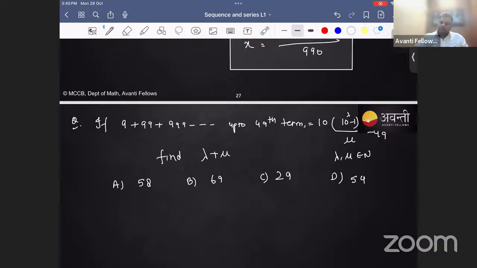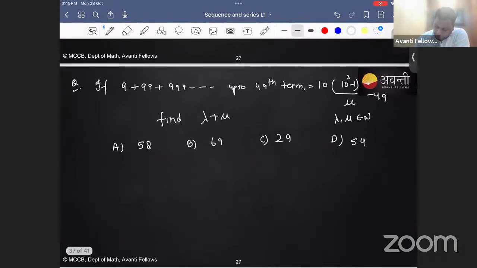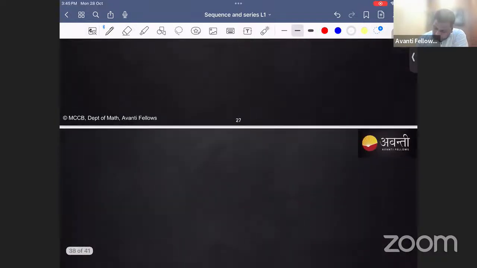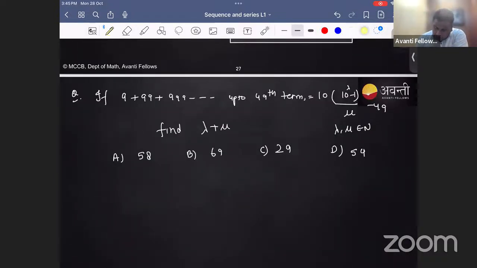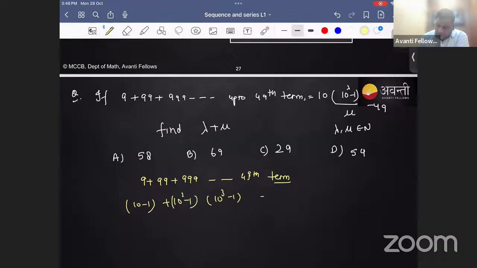See, the question is 9 plus 99 plus 999 up to the 49th term. We can write it like 10 minus 1, 10 square minus 1, 10 cube minus 1, up to 10 to the power 49 minus 1.